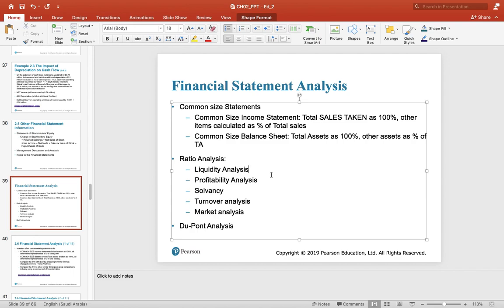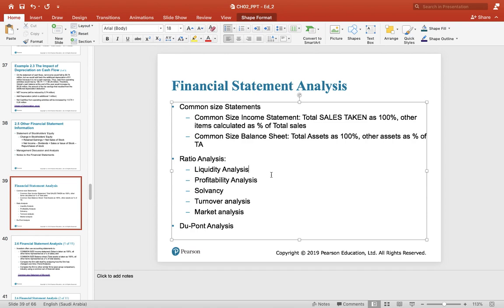For liquidity analysis, we see the current ratio, liquid ratio, then cash ratio. Similarly, for profitability analysis, we see gross profit margin, net profit margin, operating profit margin. For solvency analysis, we see debt equity ratio, debt asset ratio, and the list goes on. For turnover analysis, we see the inventory turnover ratio, days in inventory, receivable turnover ratio, days in receivables, payable turnover ratio, days in payable, cash conversion cycle.